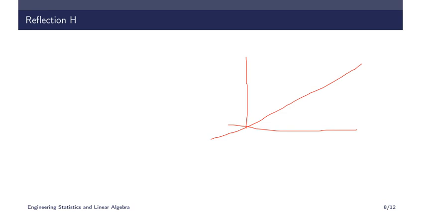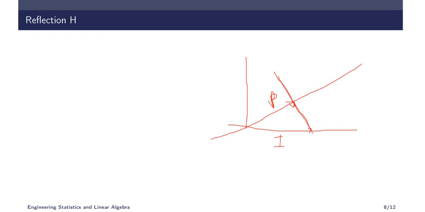You have an original vector I, and its projection, if I draw a perpendicular like this, is P. For the reflection, the distance between the original and the line, and the line to the reflection, will remain the same.